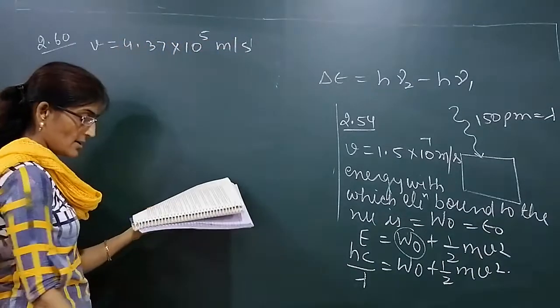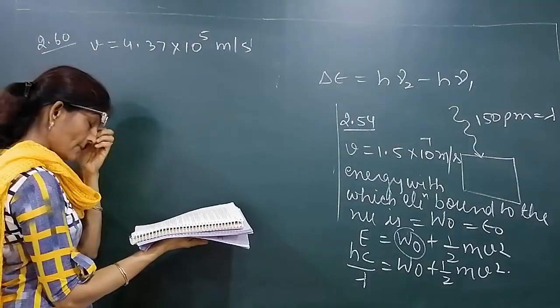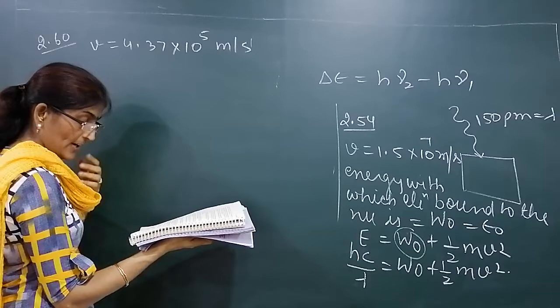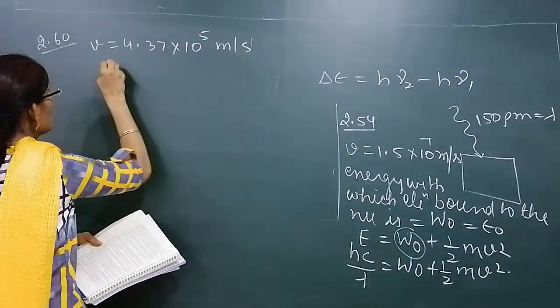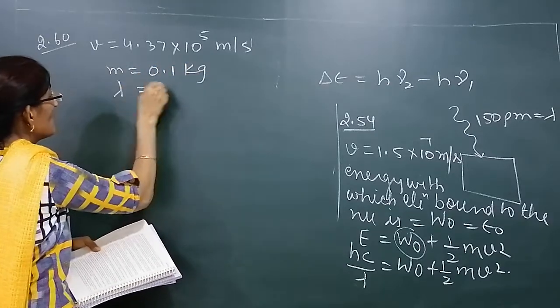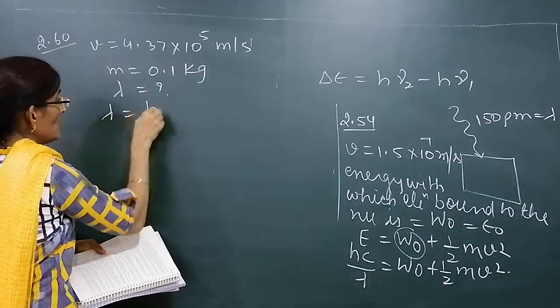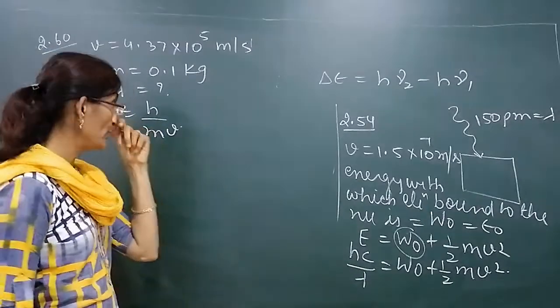What is it telling? If a hockey ball of mass 0.1 kilogram is moving with the same velocity, calculate the wavelength associated with it. The mass of the hockey ball is given, 0.1 kilogram. What do we have to determine? Lambda. Lambda equals h upon mv. Mass should be in kilogram, and it is given in kilogram only.